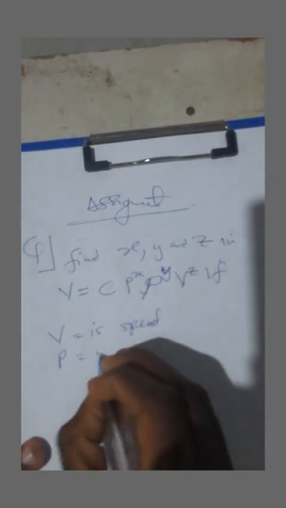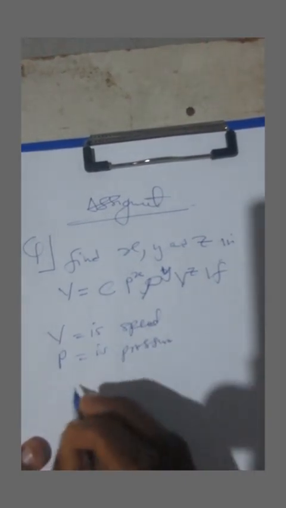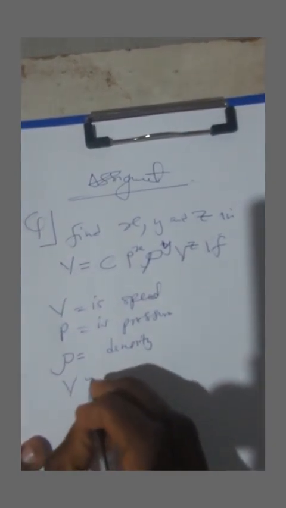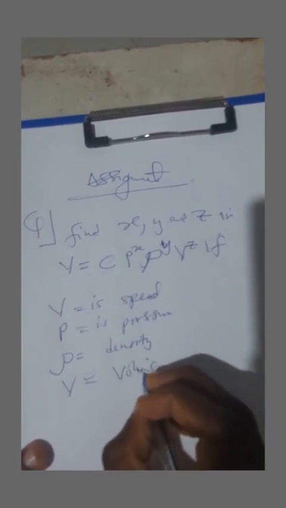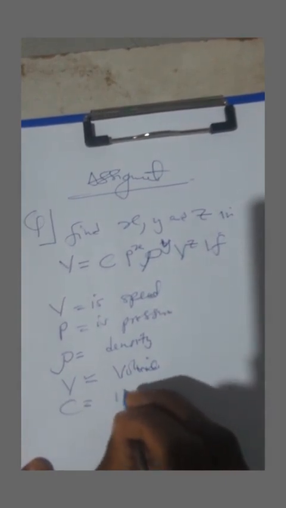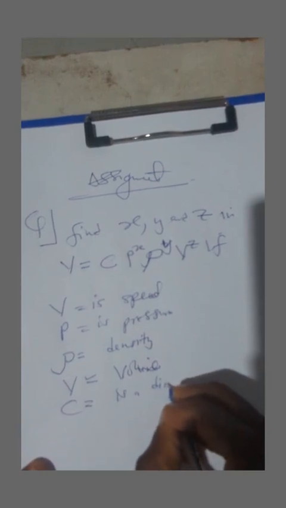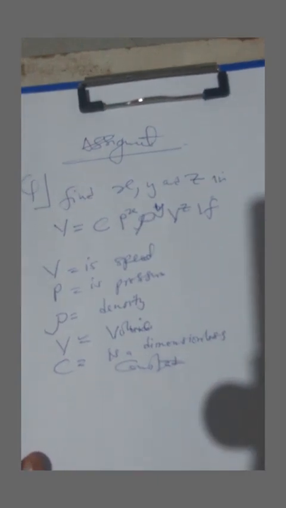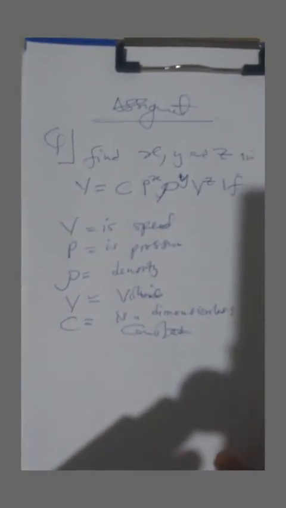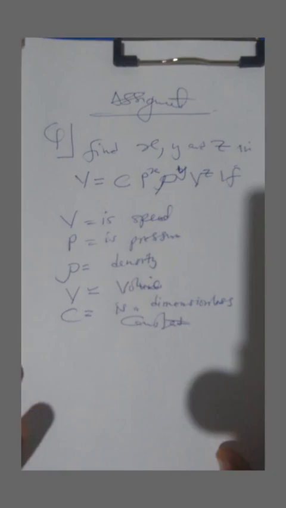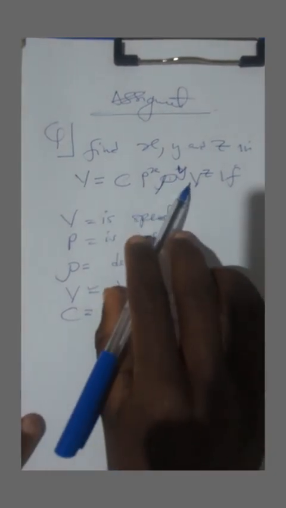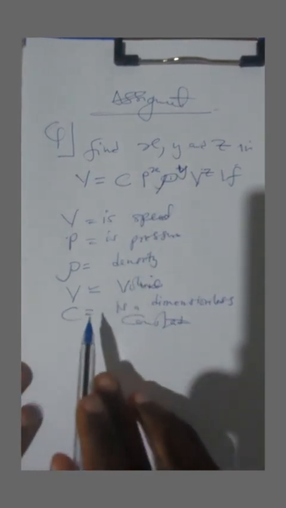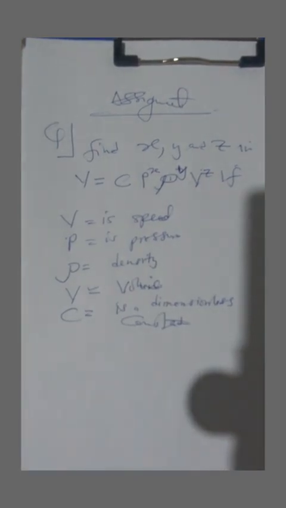If p is pressure, and rho is density, and V is volume, and C is a dimensionless constant, find the values of x, y, and z in this expression.